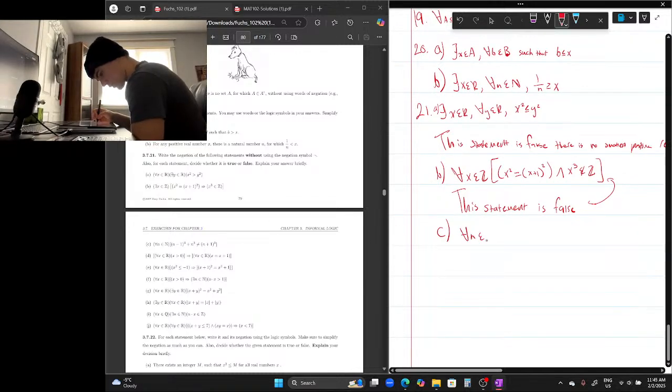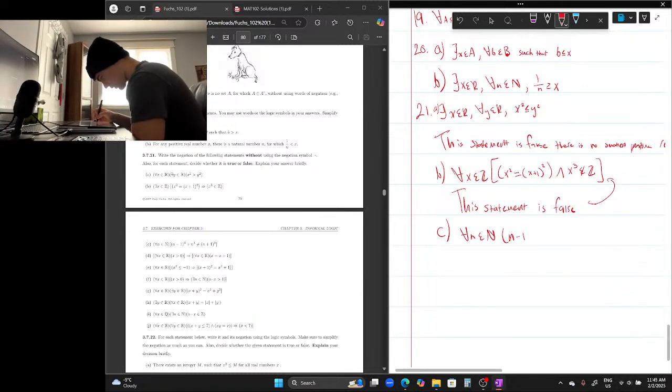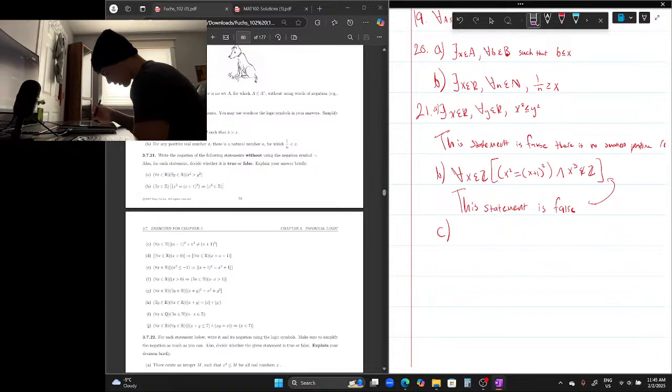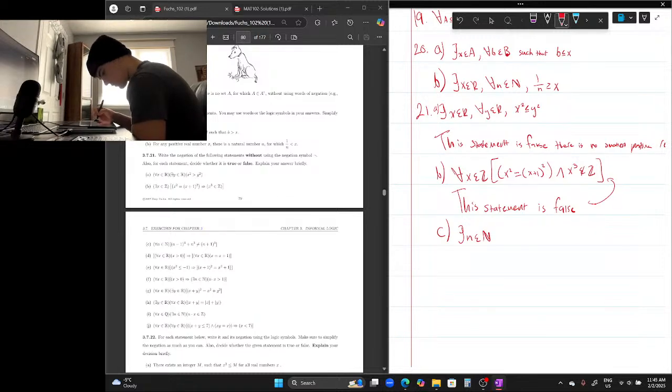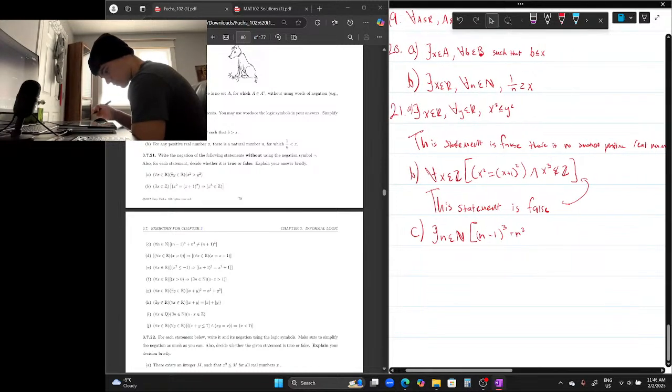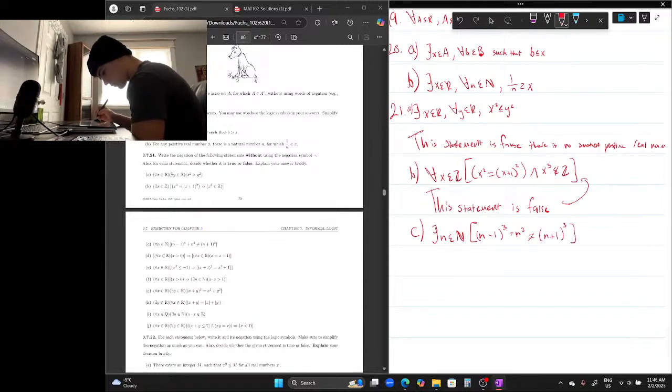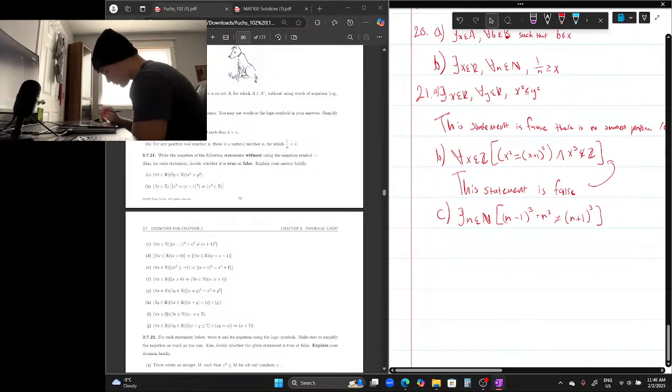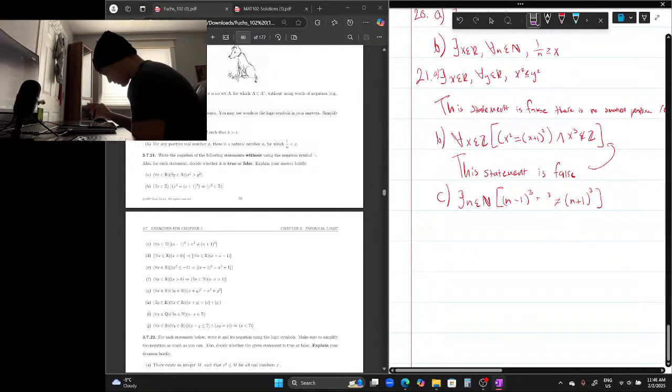For all n in N, n minus 1 cubed is not equal to, I'm not going to write that down because I have to write the negation anyways. There exists, oh.